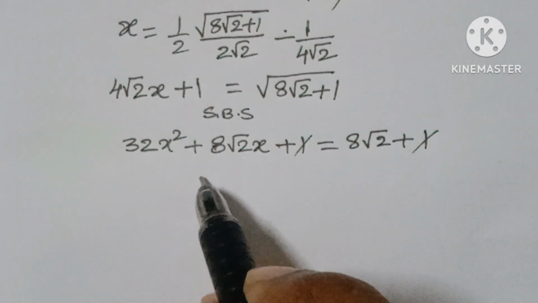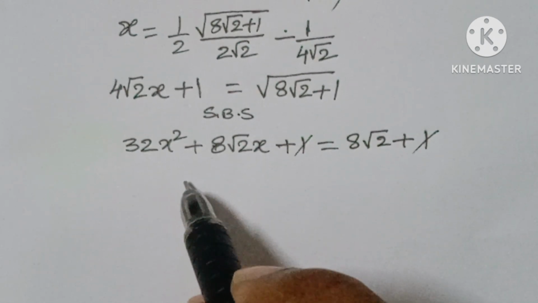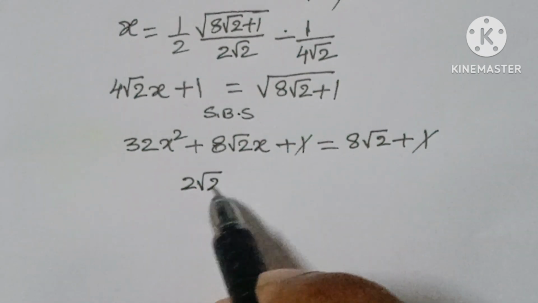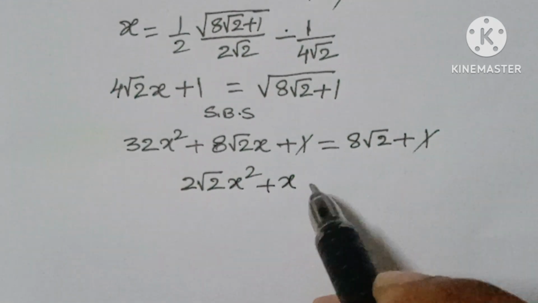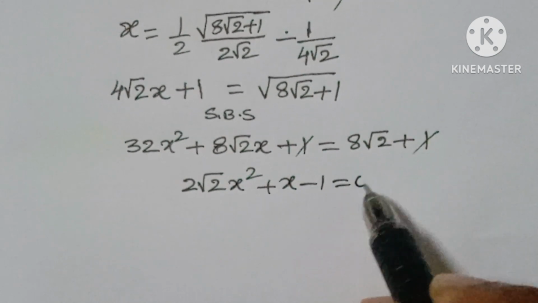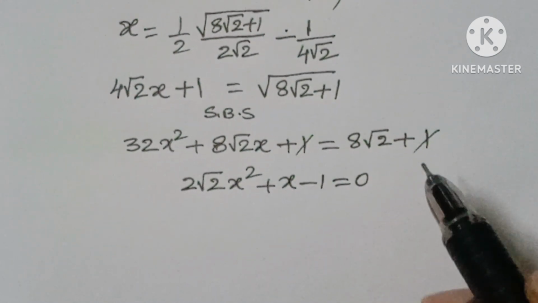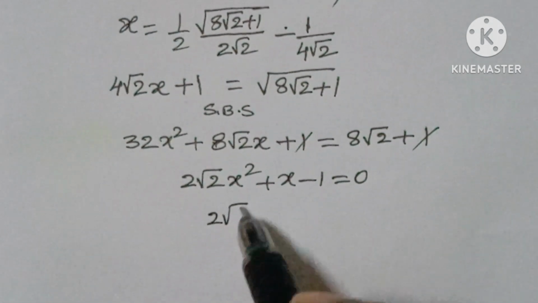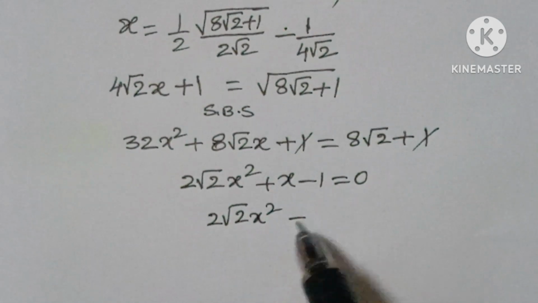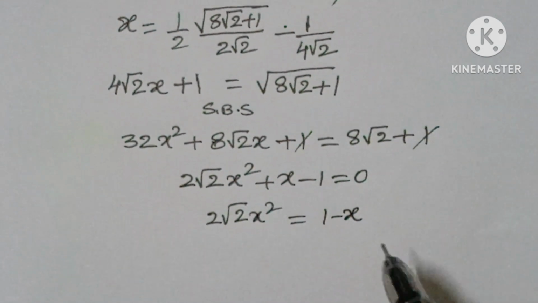So here you'll get 8 root 2 common, so 2 root 2 x square plus x minus 1 equal to 0. Now this can be written as 2 root 2 x square is equal to 1 minus x.